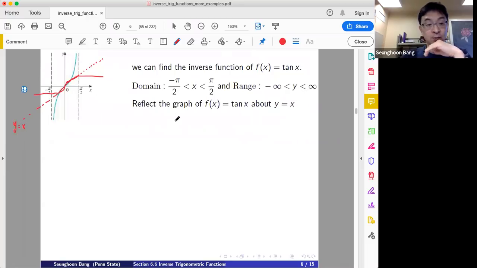Infinity is not a number. So these vertical asymptotes become horizontal asymptotes here. This is pi over 2, and this is also negative pi over 2. This is the whole idea.